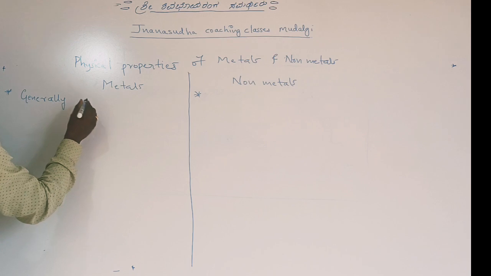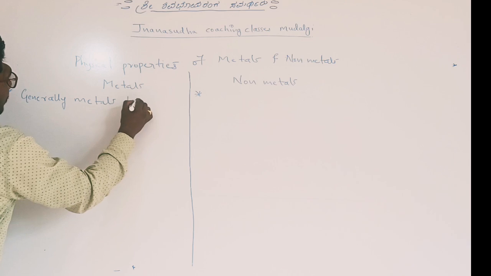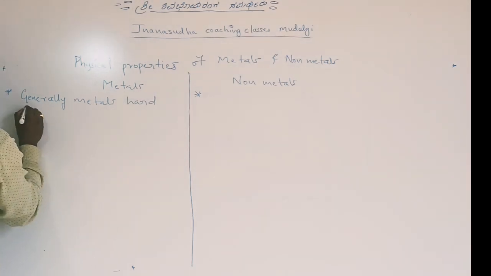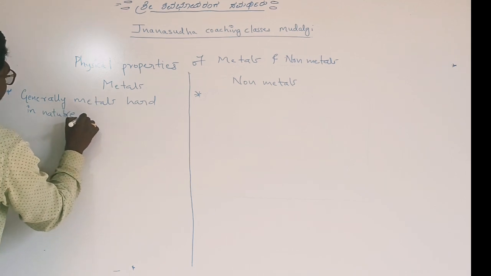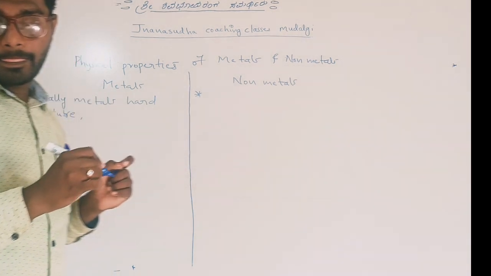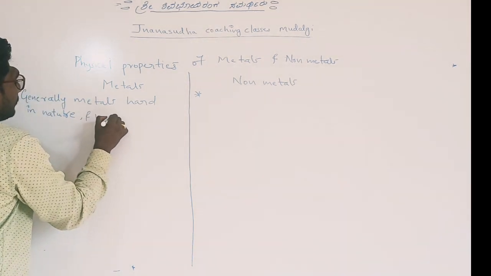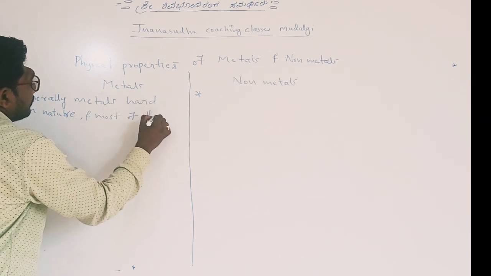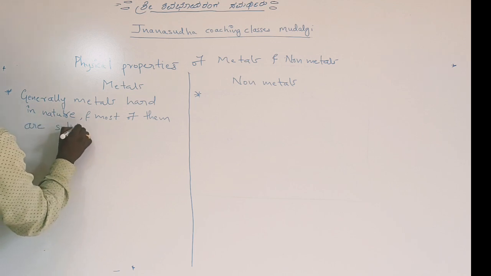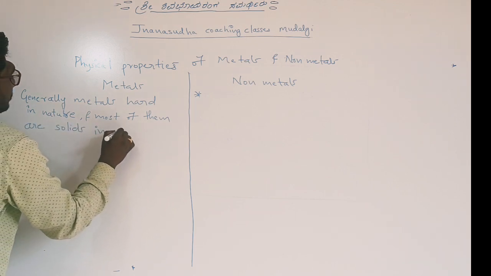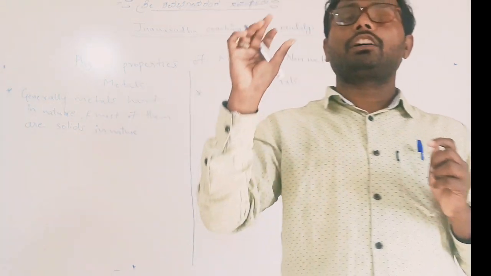Generally, metals are hard in nature, and most of them are solids in nature. You observe that normally all metals are hard, and they are solid in state.